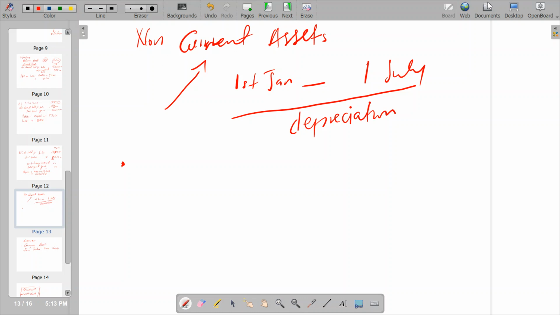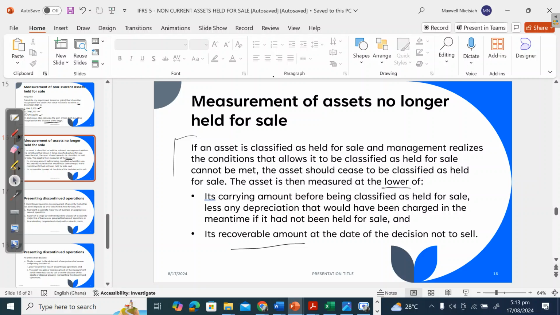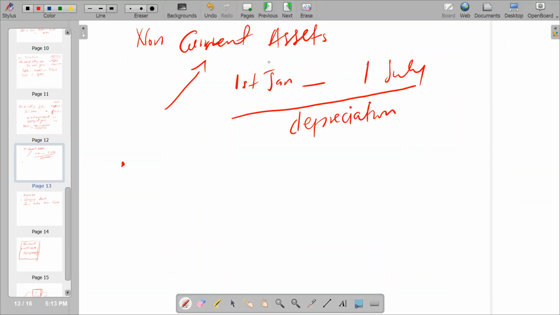Okay, so that's what we need to do. And then we have to compare it to the recoverable amount. So there are two things we have to do. We have to determine the asset as if it was not classified as held for sale, and also determine the recoverable amount.